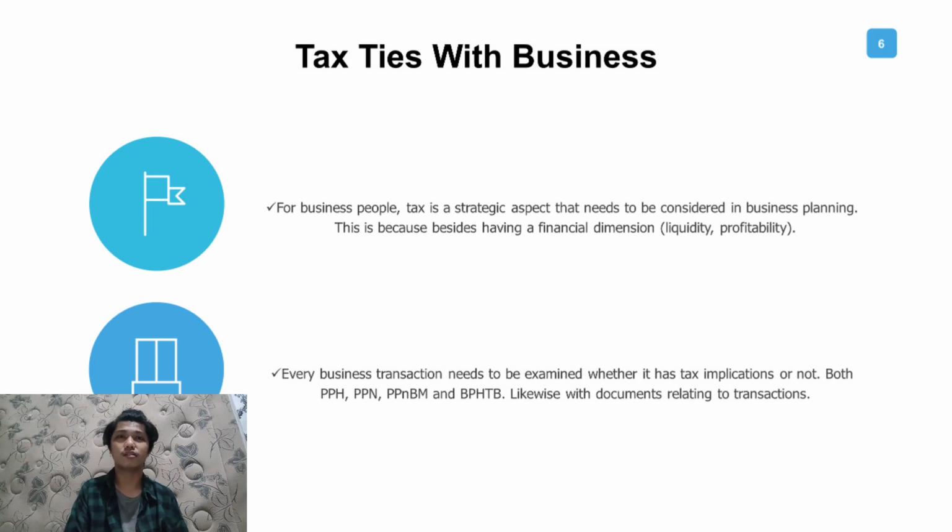This is because, besides having financial dimensions, liquidity or profitability, every business transaction needs to be examined for whether it has tax implications or not. Both PPH, PPN, PPNBM, and BPHTB. Likewise with documents relating to transactions.